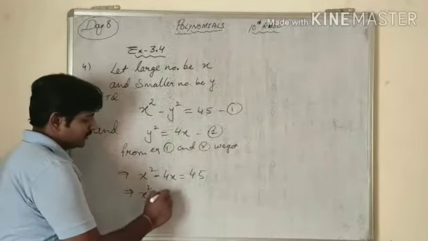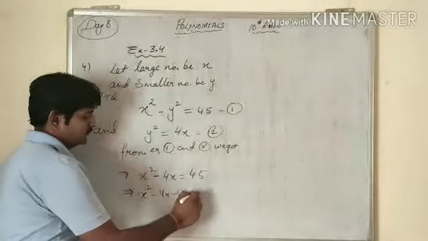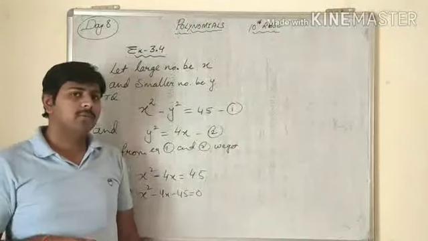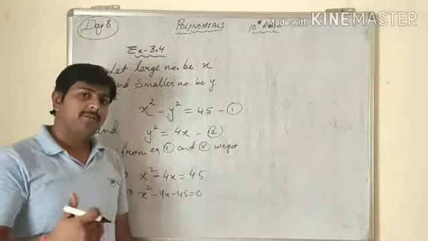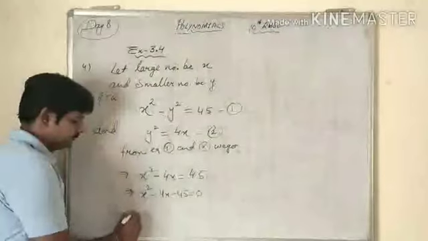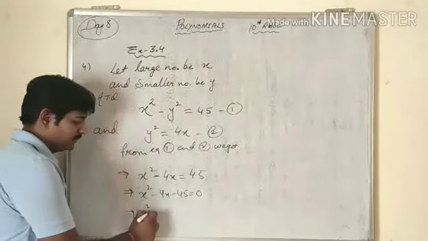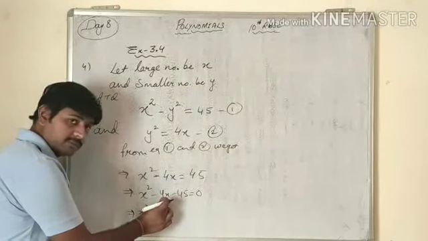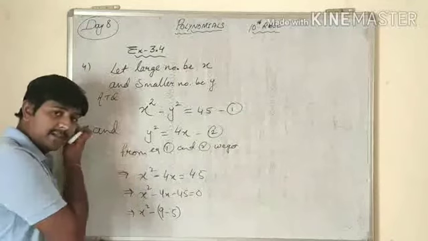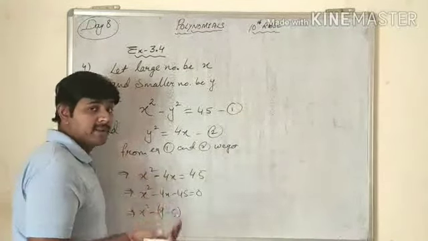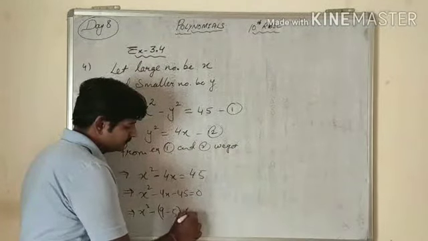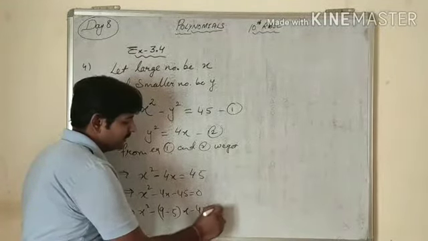So we have to factor this. 9 fives are 45 and their difference is 4. So x square minus, in the place of this 4 I'll write 9 minus 5. Multiplying 9 and negative 5 gives minus 45, so we get x square minus 9x plus 5x minus 45 equals 0.